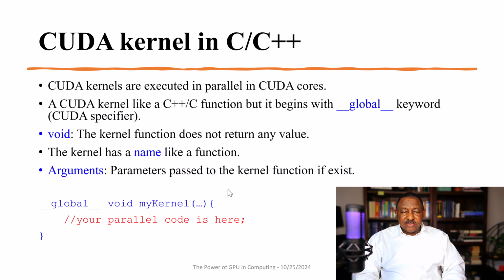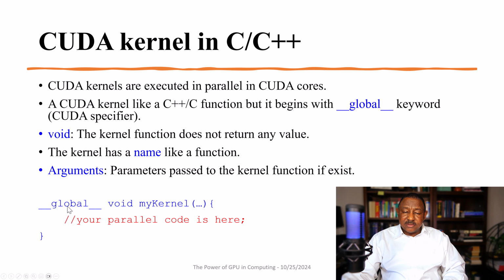Of course, we are using C++ or Fortran. Most people use C++ because it is a very well established language. In CUDA programming we use what we call a CUDA kernel, and a CUDA kernel is a function just like C or C++ functions. The only difference is there are a few keywords like __global__.